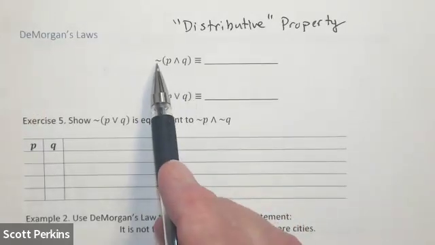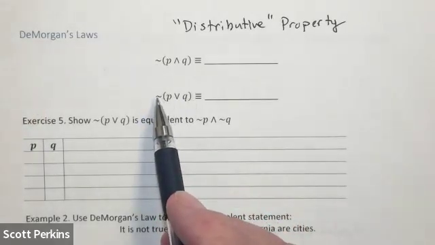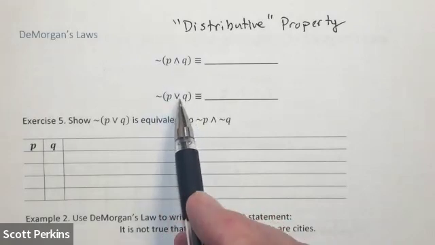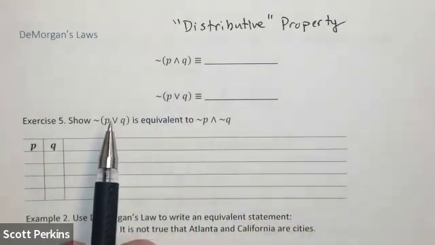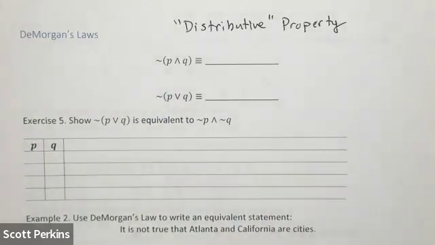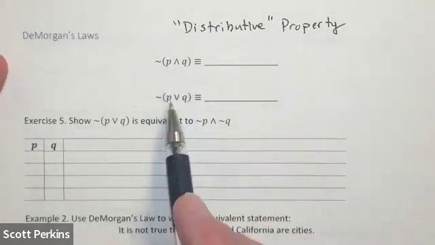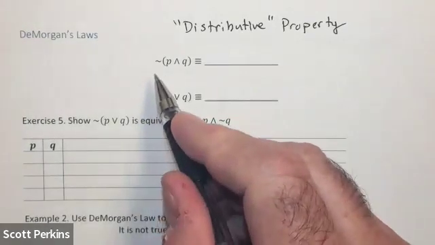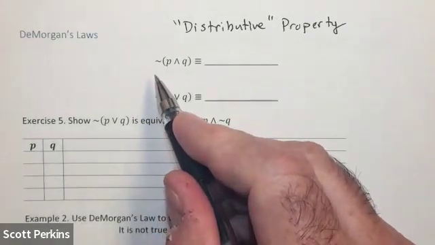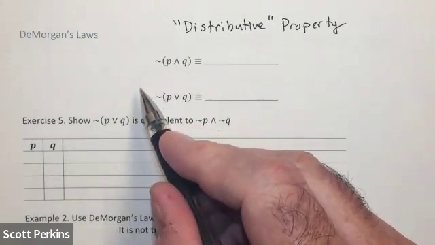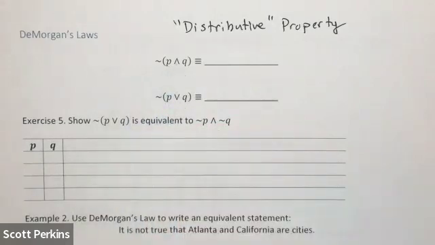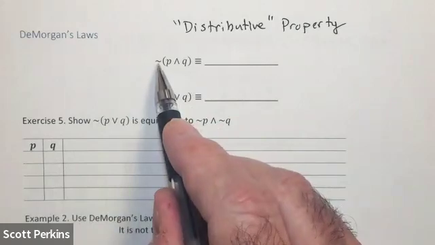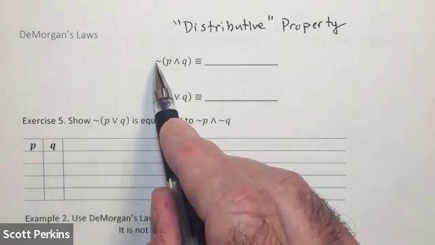Well, what to do with the negation when I have parentheses and I have either an and or an or inside the parentheses. So the pattern is the same, whether it's an and statement or an or statement. We cannot do this when we have a conditional statement. We saw that on the previous page. This only applies for ands and ors. But what we can do now is take that negation, that squiggly, and distribute it.